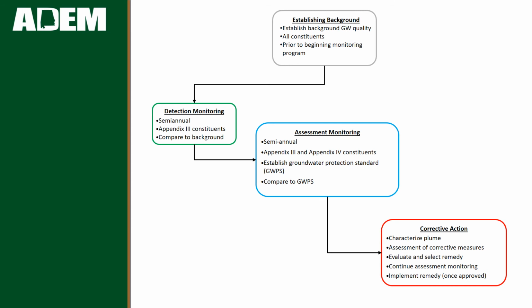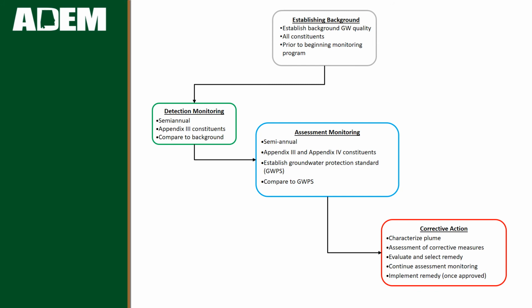In this stage of monitoring, the facility compares detected values to the background values that were established during the first stage of sampling. A facility is also evaluating if any detection is a statistically significant increase from background concentrations rather than just a single detection. If there is a statistically significant increase over background for any of these indicator parameters, a facility must move to the next phase of sampling, assessment monitoring.